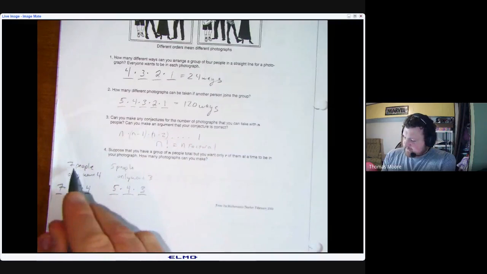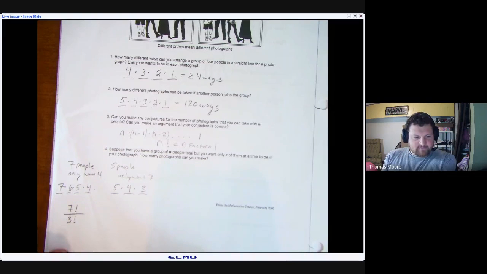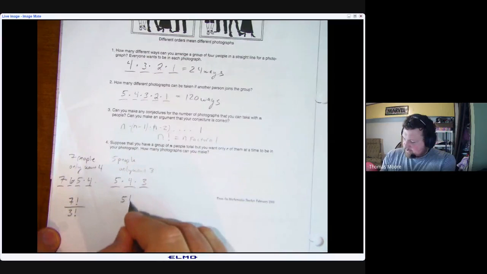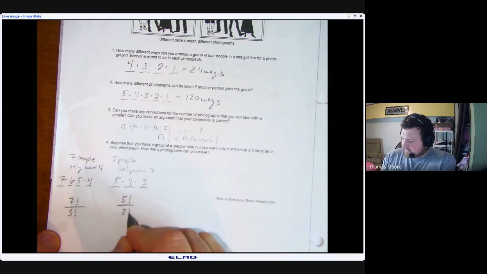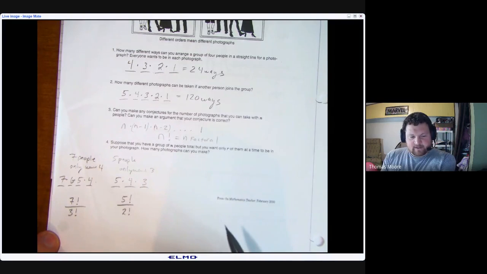We said originally if you had 7 and you wanted all 7, that would be 7 factorial. But we said we need to cut off or get rid of from 3 down. So that would be 3 factorial that I need to get rid of. Right here, this would be 5 factorial for the total number if I wanted all 5, but I need to get rid of 2 factorial to get rid of the ones that I'm not using.